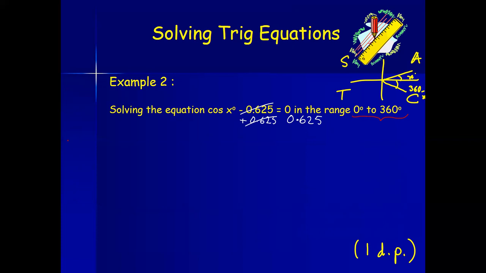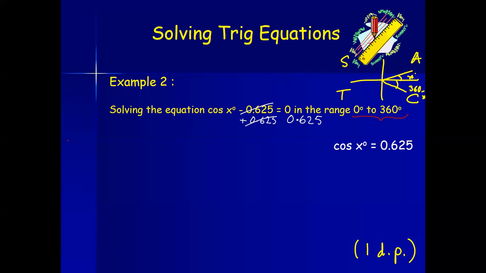That is the basic of solving equations. Now, how do I find cos x equal 0.625? Your best friend? So you're going to say to yourself, okay, I've got a cos signal.